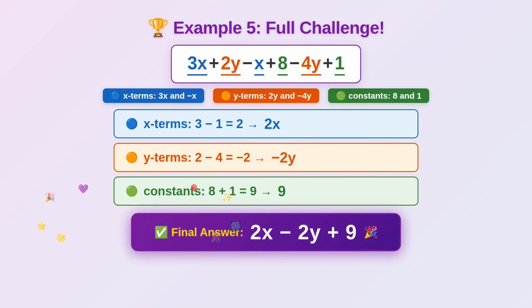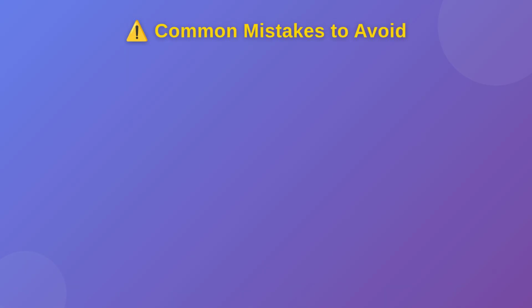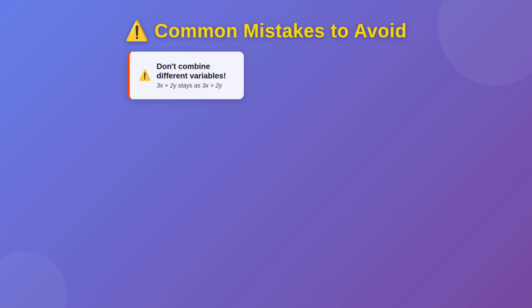The y terms, 2y and negative 4y. 2 minus 4 equals negative 2, giving us negative 2y. The constants, 8 and 1. 8 plus 1 equals 9. Final answer, 2x minus 2y plus 9. Marcus just finished his worksheet.